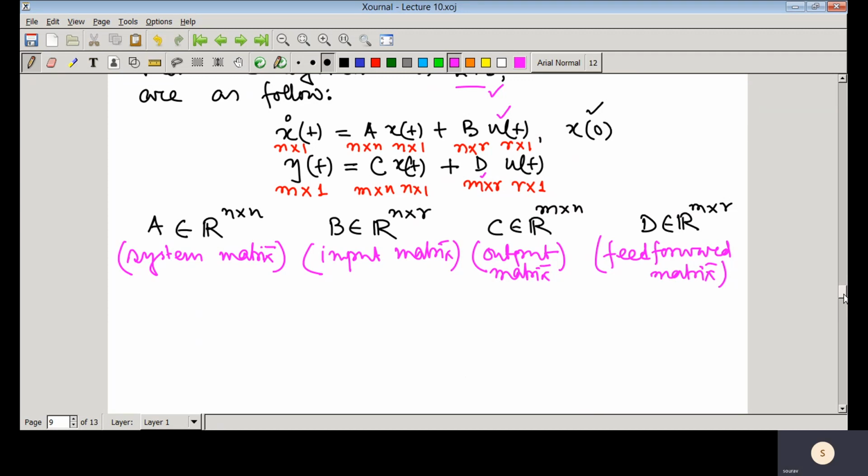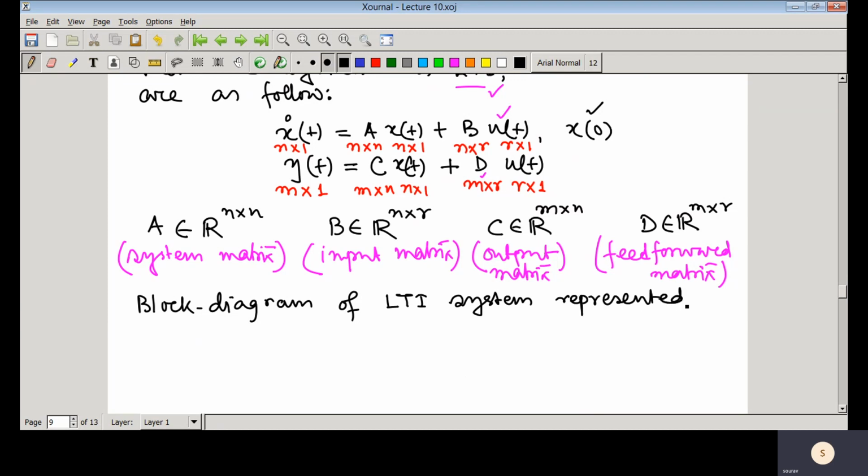So how can you represent the state space in block diagram form? So that is the block diagram of an LTI system represented in state space. So that means if a system is described in state space, what is its block diagram representation?